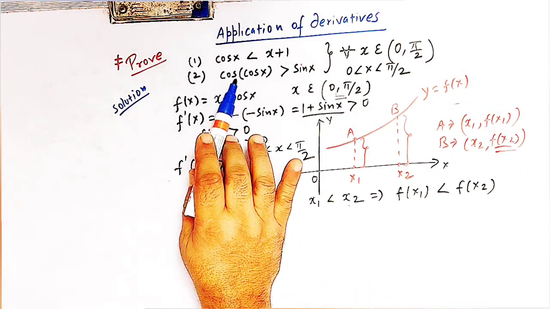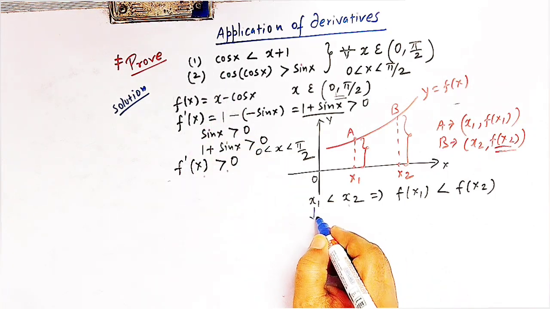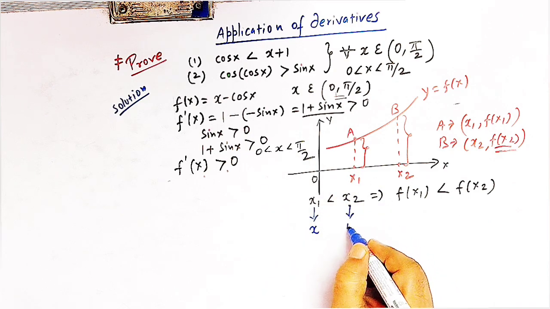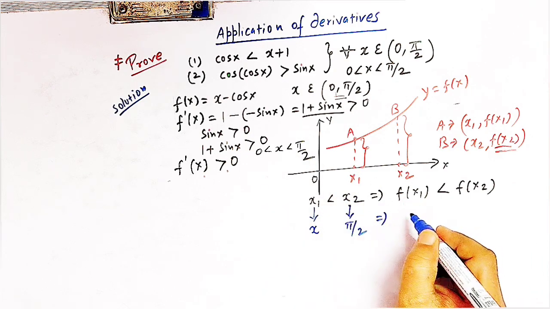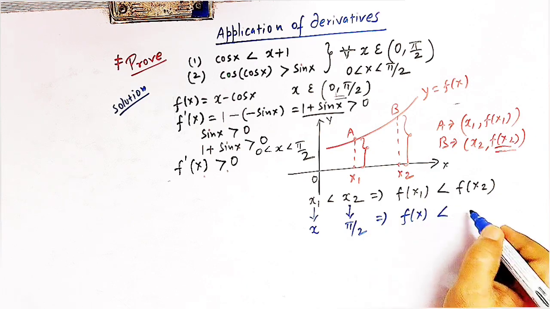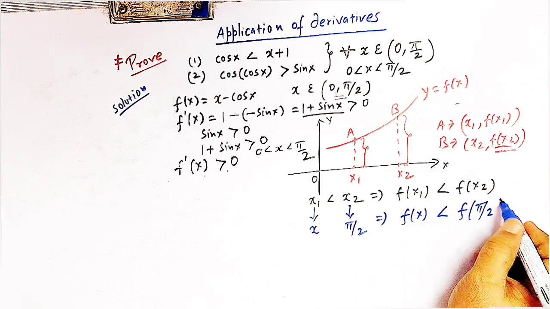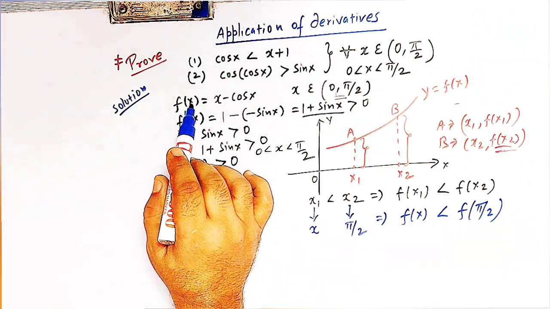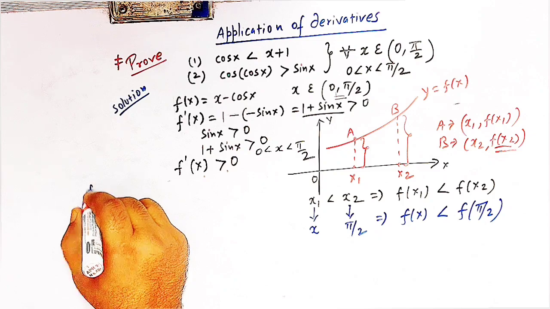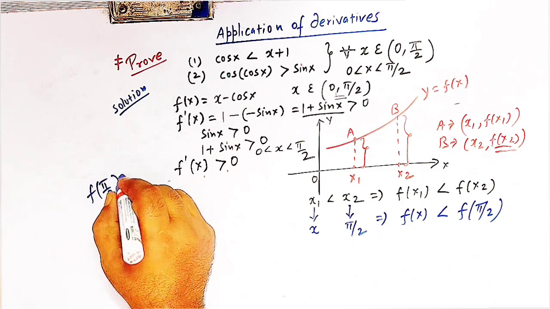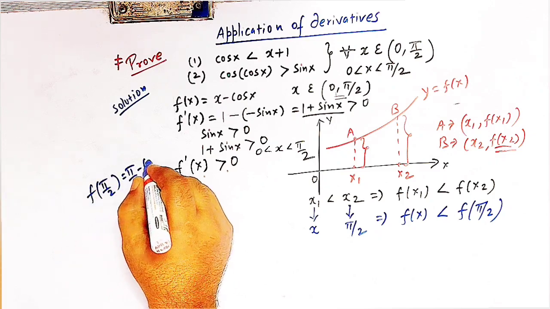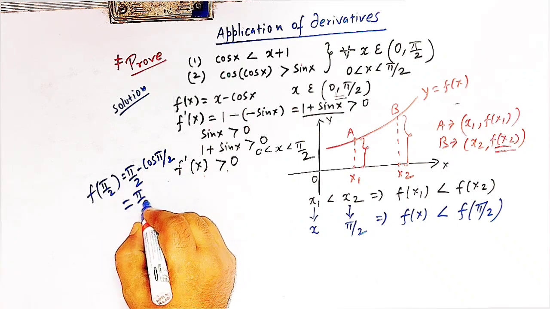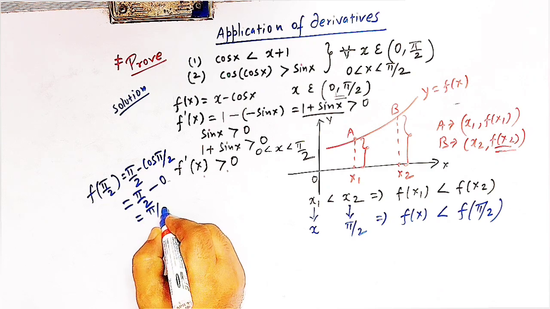So now to prove this inequality, let us take x1 as x and x2 as pi by 2. So we can now write f of x is less than f of pi by 2. Now let us find out f of pi by 2 from this function. So we have f of pi by 2 is pi by 2 minus cos of pi by 2, and cos pi by 2 is 0. So we have pi by 2 minus 0, that is pi by 2.